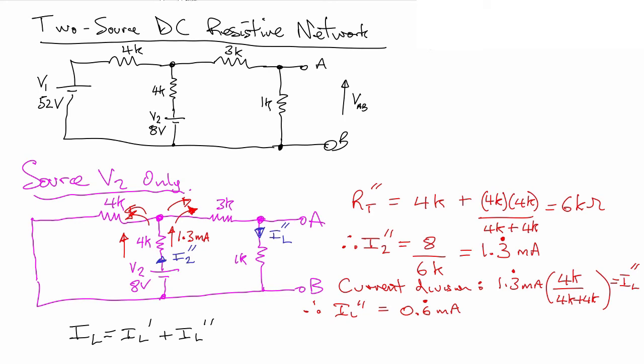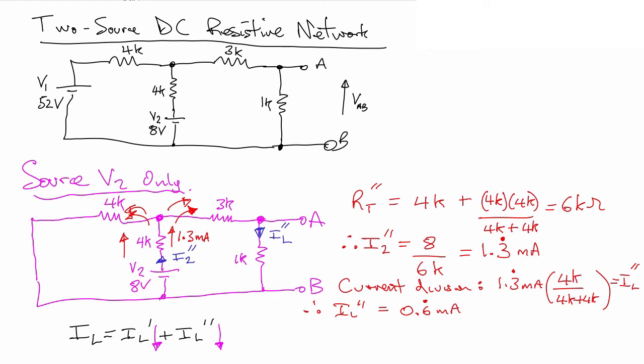And while we're doing this, I would like to indicate IL dash was determined as going downwards, and so was IL double dash, because sometimes in problems one current can go up and another can go down, so you need to be careful on directions.